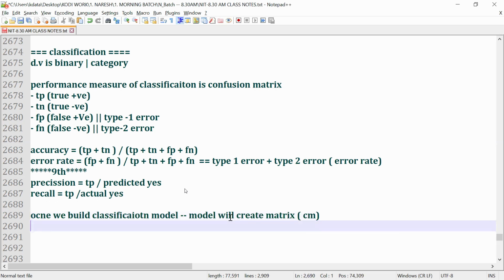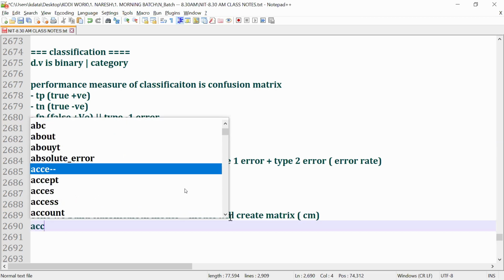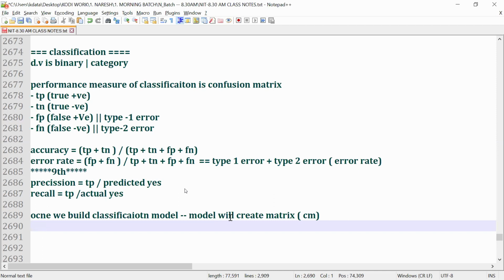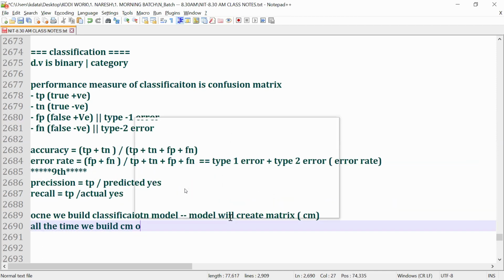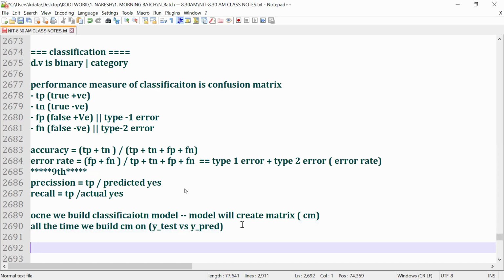Confusion matrix. As I said, in confusion matrix, how to find out accuracy. And we implement this one, Y test and Y pred. I mean to say that, do you remember the data had split into 4 parts?